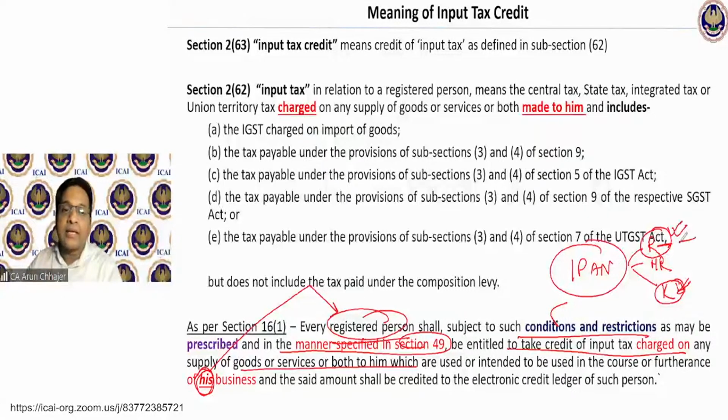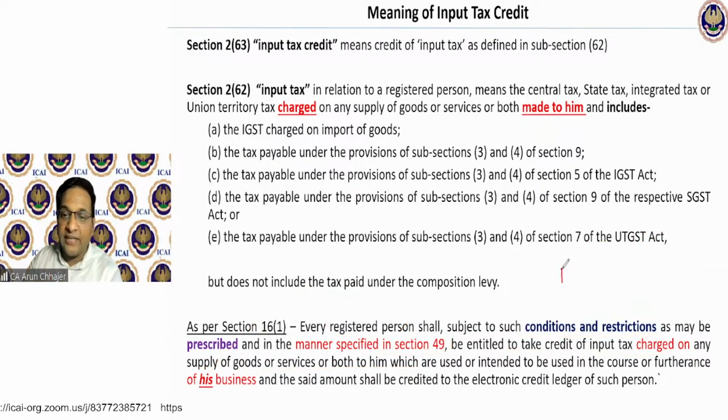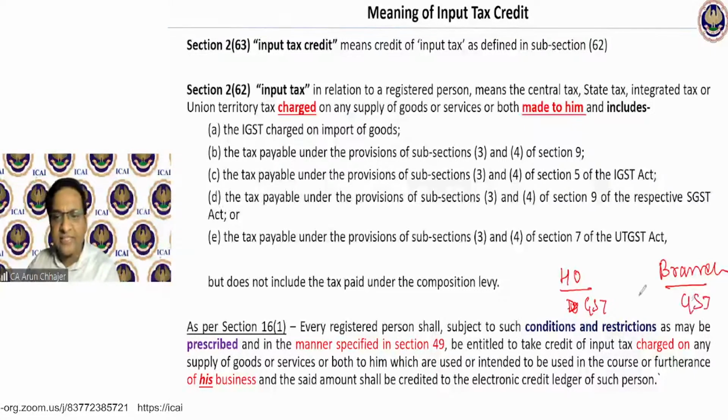So Karnataka, Rajasthan and Haryana are three different registered persons in the GST, and they can take the ITC only when it is related to their business. Now there is an important point which you need to understand. There is a relation of HO and branch. We know that HO has a different GST number and the branch will have a different GST number.